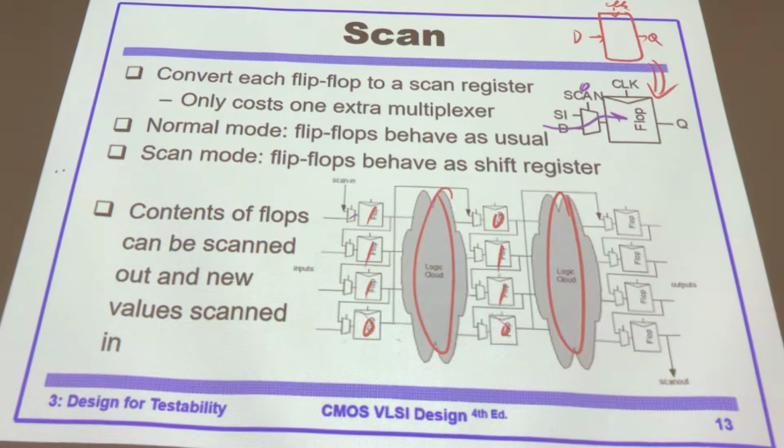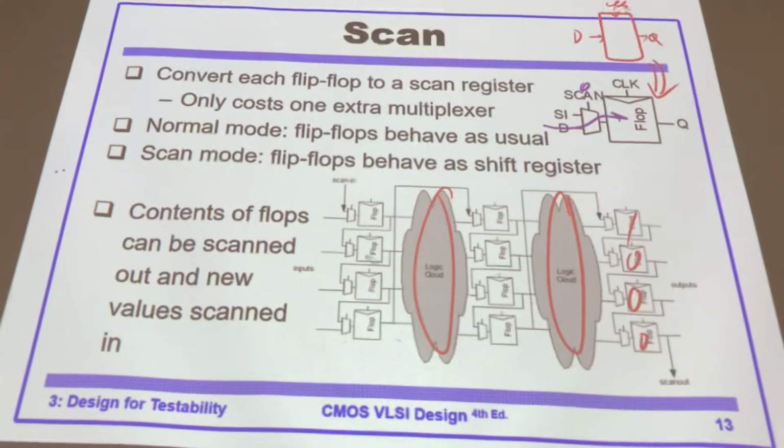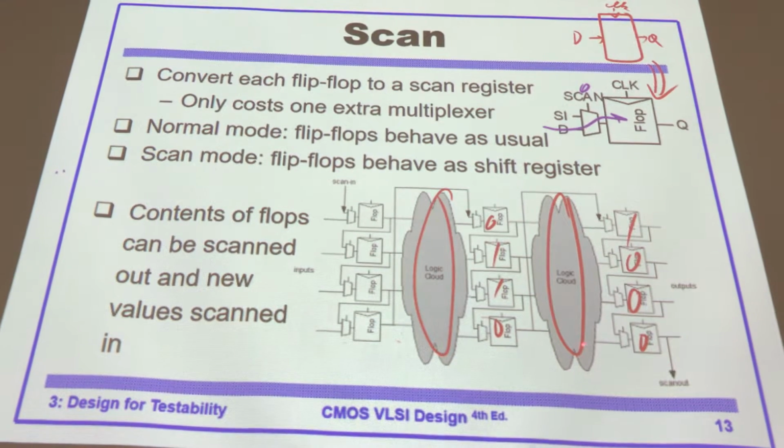So let's say it's only one pattern for this cloud and this cloud. Not enough yet. But after we shift in 8 clock cycles and one clock cycle for normal mode, and then shift out 8 clock cycles to get all the values, for example, you're getting 1, 0, 0, 0, and for example 0, 1, 1, 0, and then you're extracting 8 bits over 8 clock cycles.